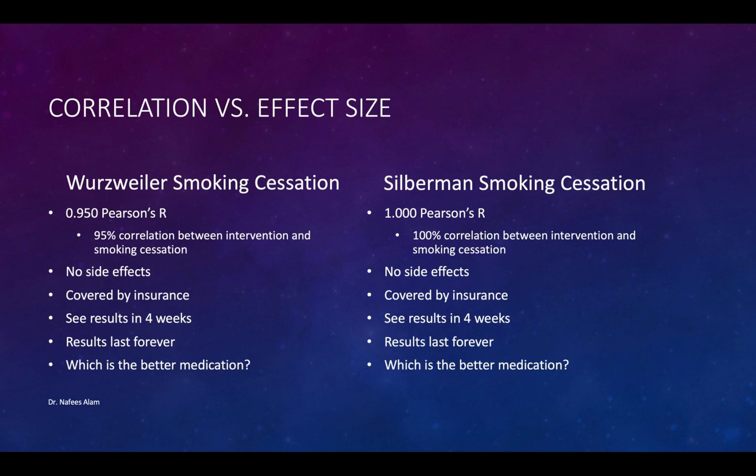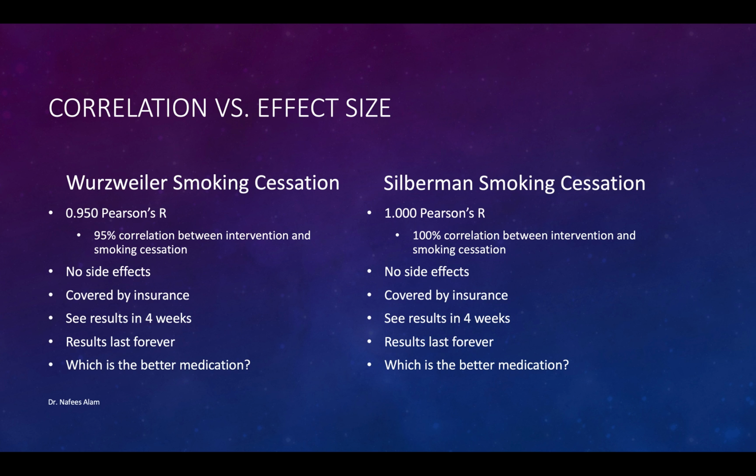Let's say your goal is to stop smoking, or reduce smoking behavior, I should say. So you've got Wurzweiler smoking cessation and Silberman smoking cessation. With Wurzweiler, you've got a 95% success rate, so essentially a 0.950 Pearson's R, 95% correlation between the intervention and smoking cessation.